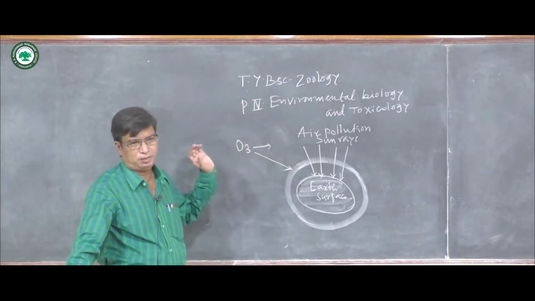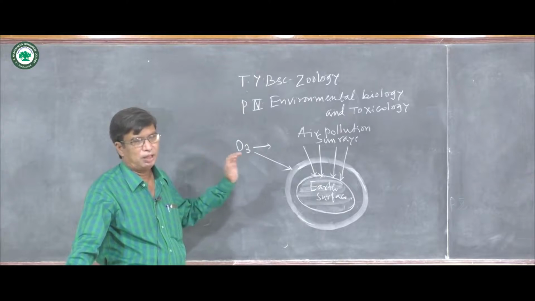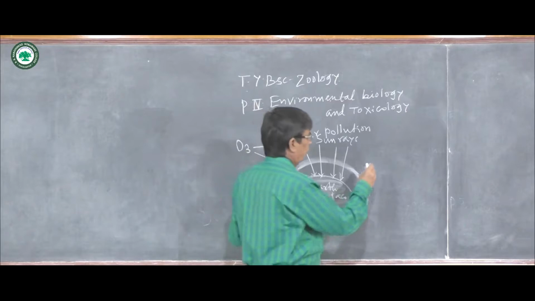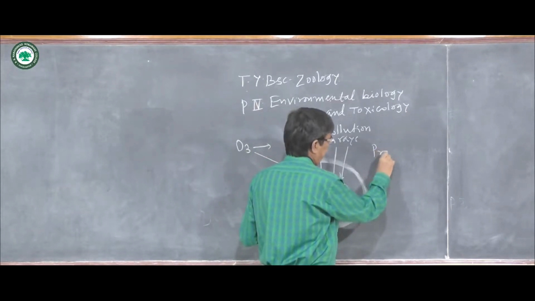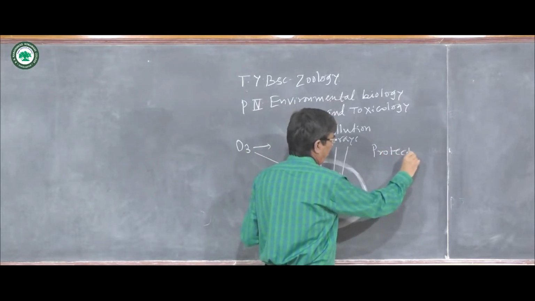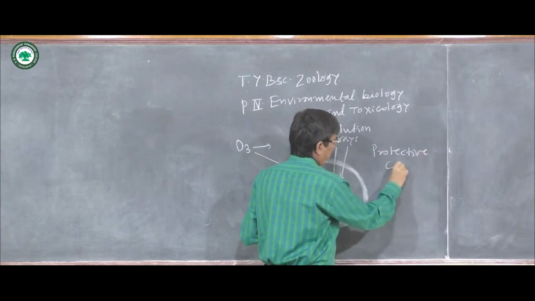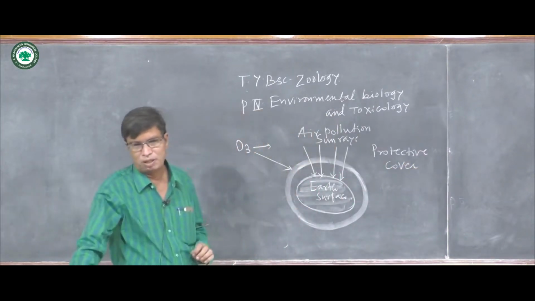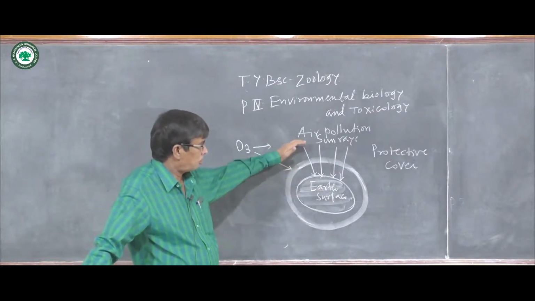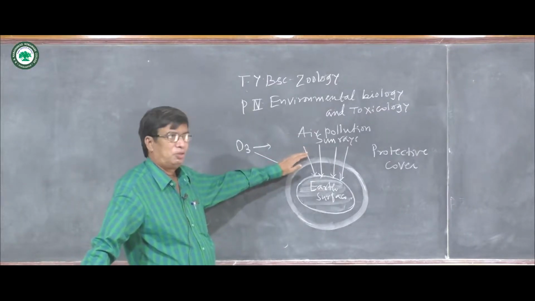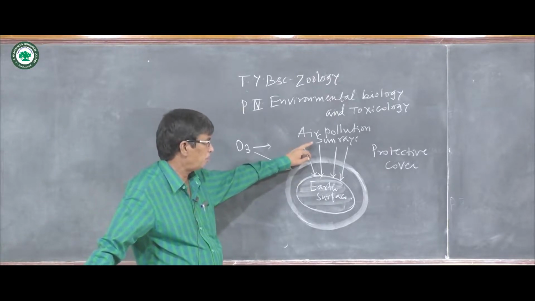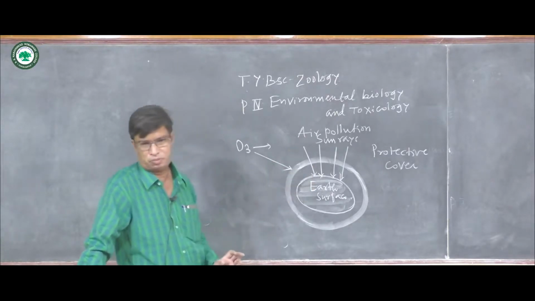This ozone layer acts as a shield. It is a protective cover. It does not allow sun rays to penetrate or pass directly onto Earth's surface.